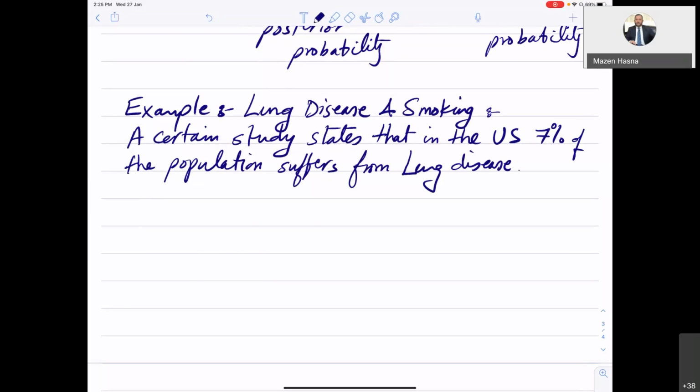Okay. So I have the whole population of the United States, 350 million, 7% of them. So 7% is almost 25, 26 millions.